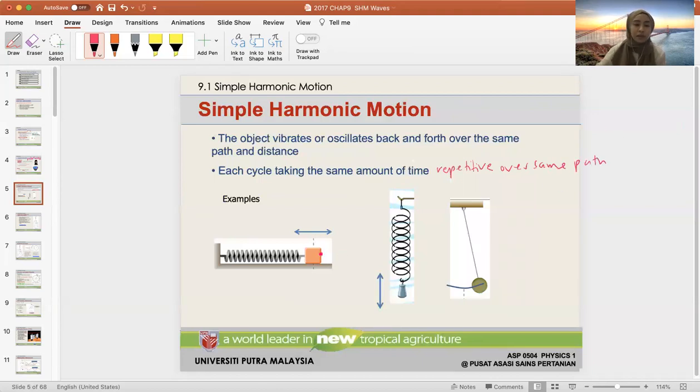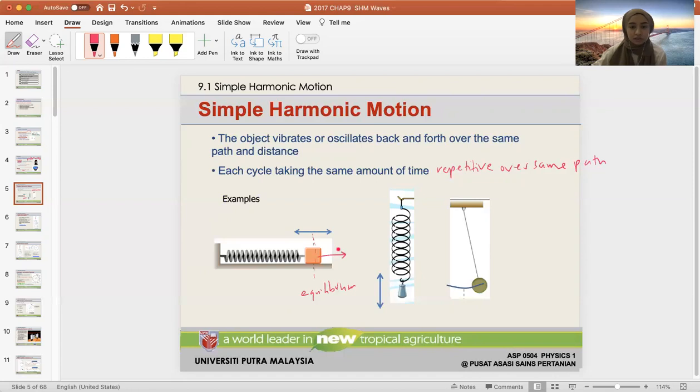Okay, for example, I have a spring in an ideal world. I will pull it from its equilibrium. Equilibrium means I have not applied a stretching force yet, I have not pulled it, or I have not compressed it. This is the equilibrium.